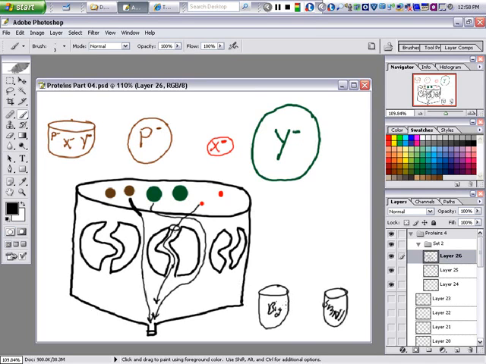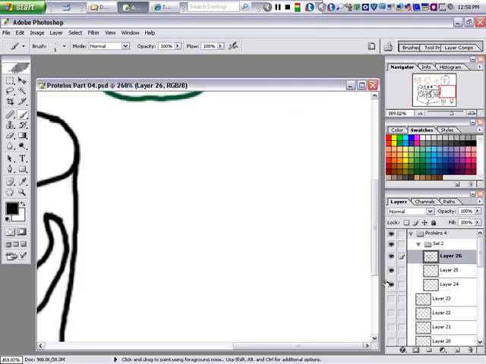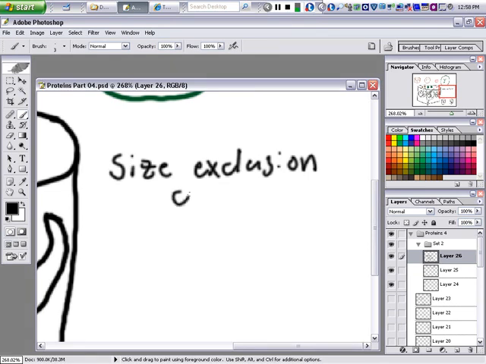So now, all we need to do is give a name for this type of chromatography. This type of chromatography has 3 different names, and we're going to name those now. We can call this size exclusion chromatography. Well, I'm going to do it like this.